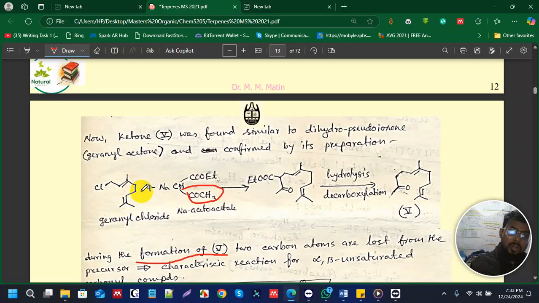It's geranyl chloride. When you add it with sodium ethyl acetoacetate, they will be added with each other.